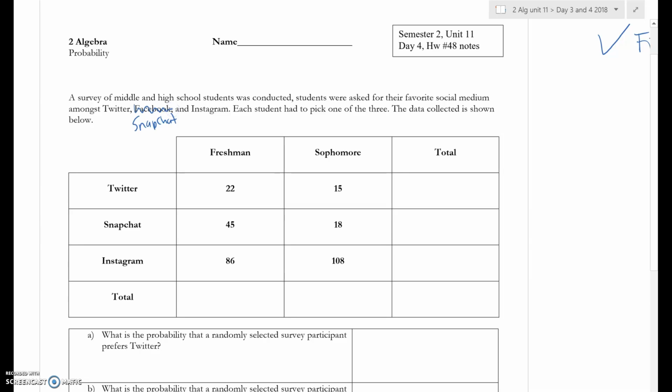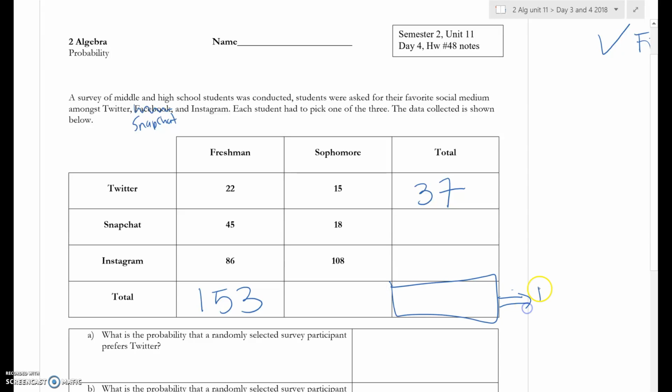In this particular scenario, this collection of students was interviewed, and I've gone ahead and given you some details, but what I haven't done is fill in totals. Totals are important. I'm going to fill in a couple of the totals, and then you can fill in the rest. So if you're thinking about how many users of each, make sure you come up with this one.